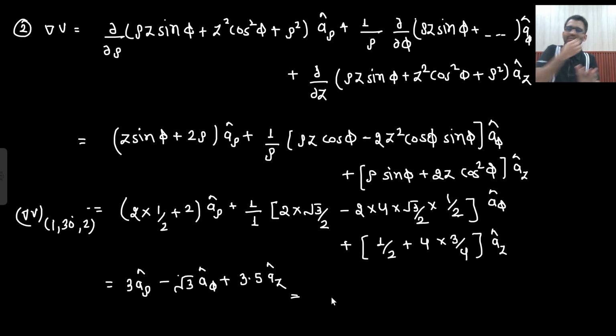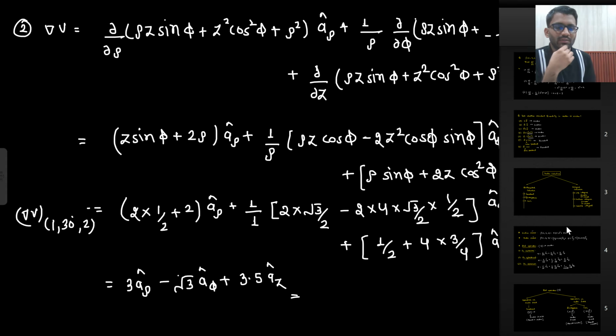Just calculation based problem, nothing else. No one will ask you this thing. I just wanted to show how to do the calculation. If any day you need to do it in the examination, then you should be able to do it. Okay, so this is how you do the calculation. So 4 minus 2 root 3, so minus root 3, and this is 4 3.5 az cap.